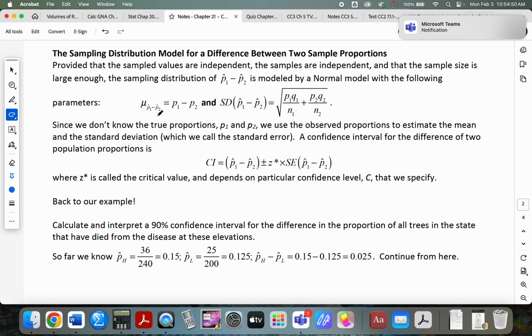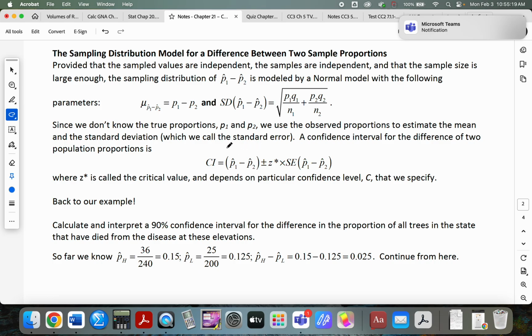The mean of P1 hat minus P2 hat is P1 minus P2, and the standard deviation of P1 hat minus P2 hat is given by, we've done this, it's just now we're adding those two together because those are both variances. But since we don't know the true proportions for P1 and P2, we use the observed proportions to estimate the mean and the standard deviation. We call that standard error.